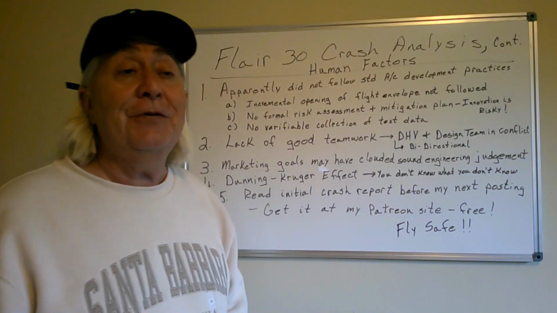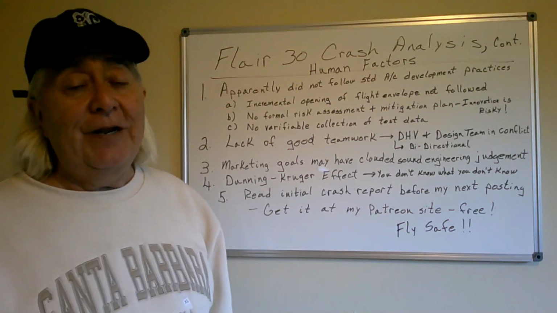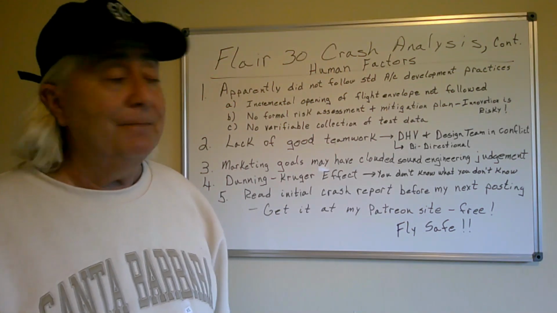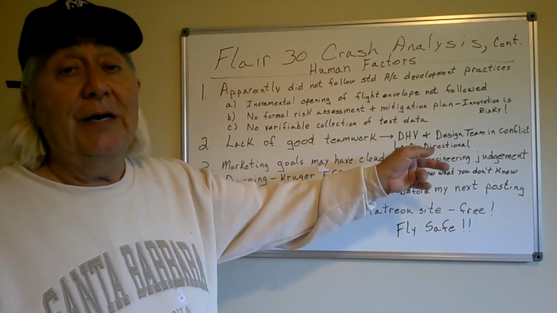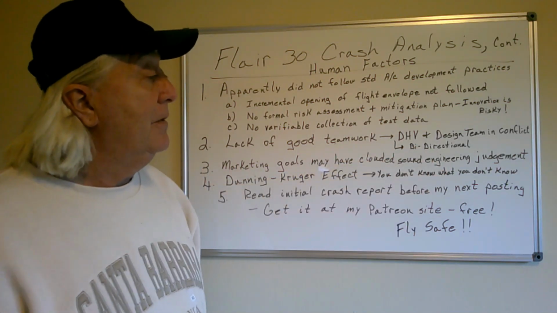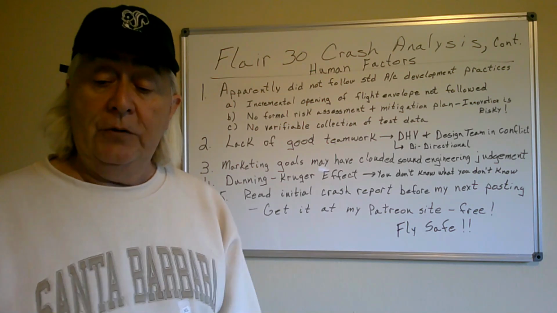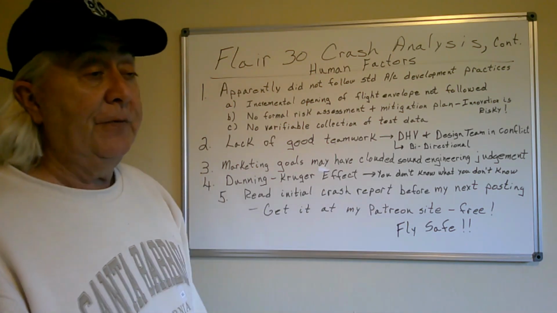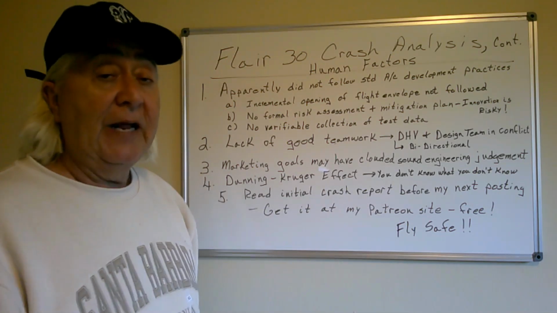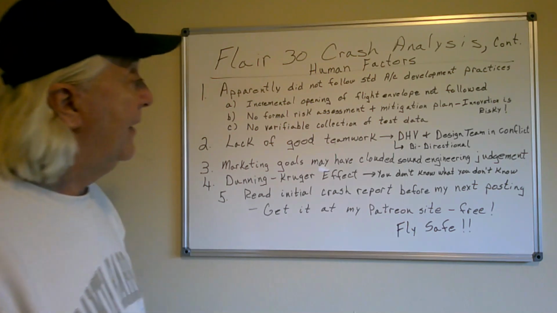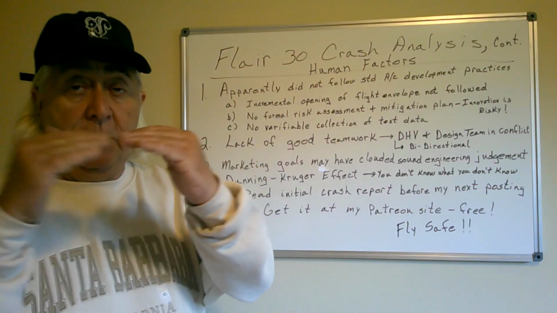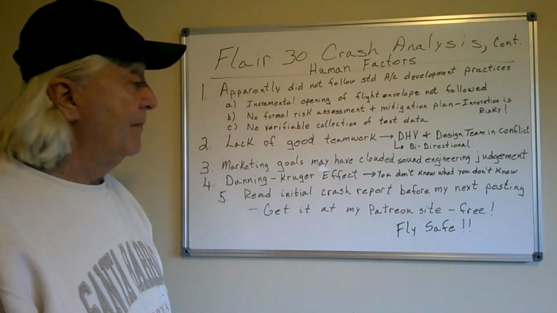You get in conflict with your spouse, you can't solve any problems. You have to work together as a team. They were not working as a team. And there's a variety of reasons for that, and one of them is the classic one. You got one group that wants to innovate, you got another group that just wants to be the gate and say yes or no. They were working opposed to each other.